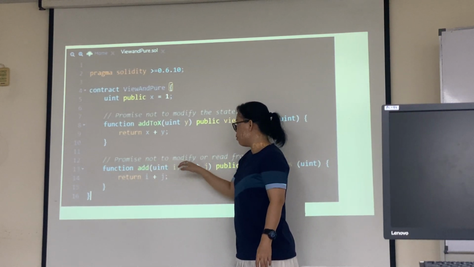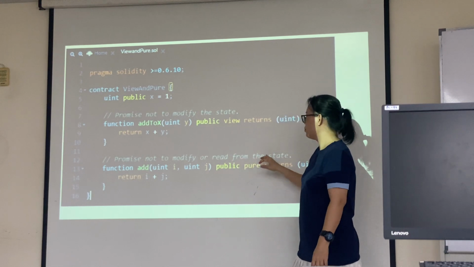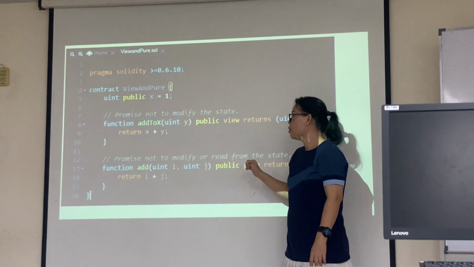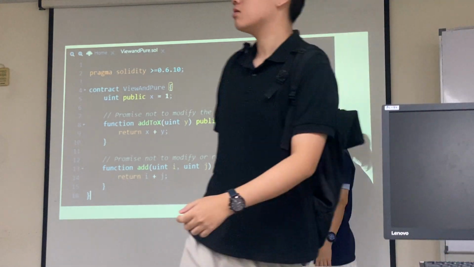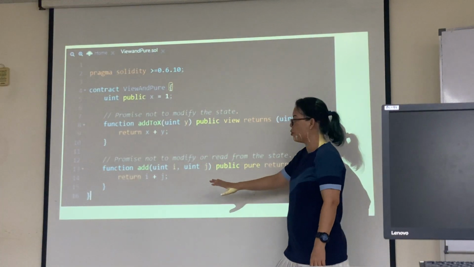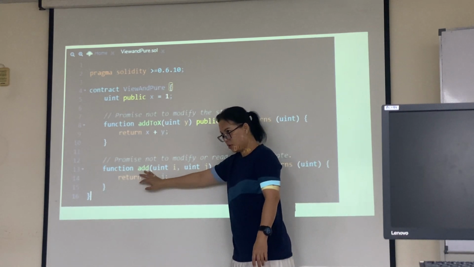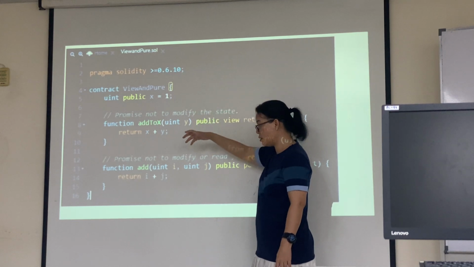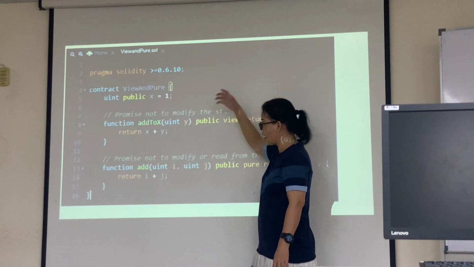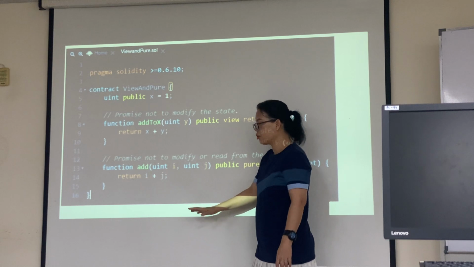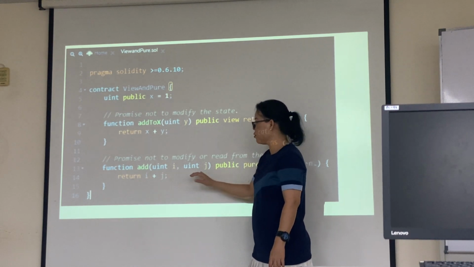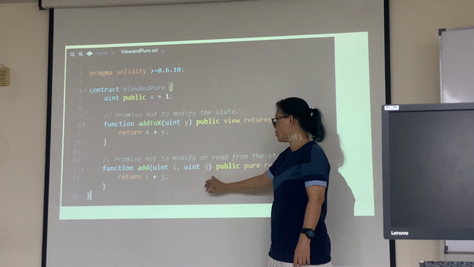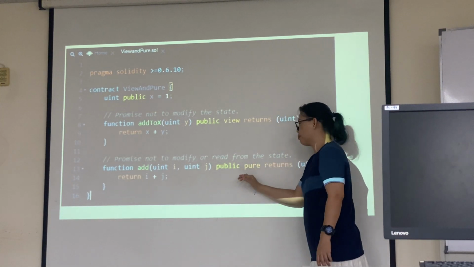Promise not to modify or read from the state. So in this function here, I just wanted to demo for you, there is the add function, and there is data passing from the front end to your smart contract, and you have two values, I and J. You are defining it as a pure function.